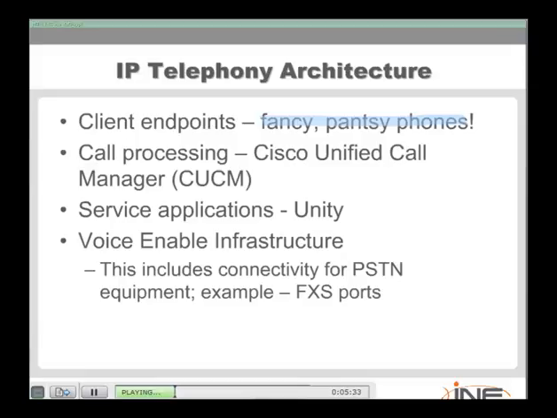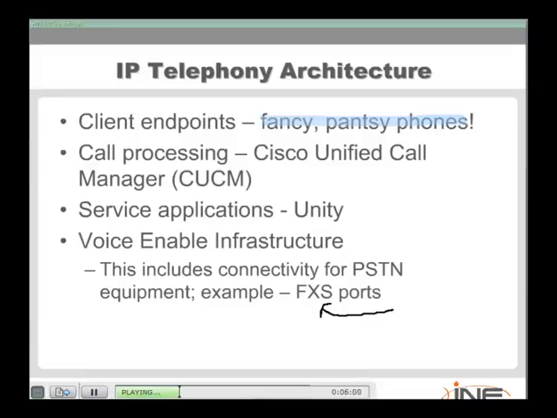By the way, the client endpoints could be traditional, what we call POTS devices, plain old telephone system devices. And we'll see where there's going to be infrastructure like a foreign exchange station port, where this stuff can still connect into the infrastructure. So as you might guess, Cisco is so smart here.